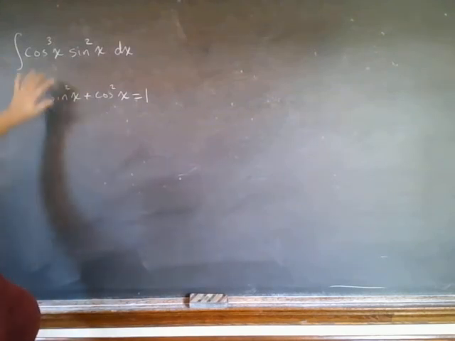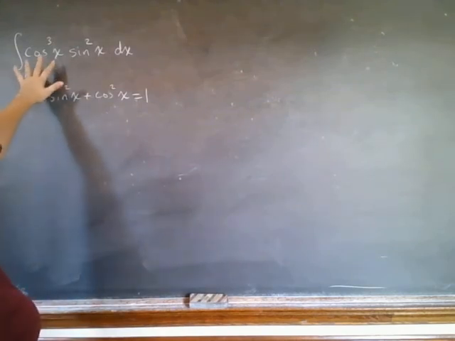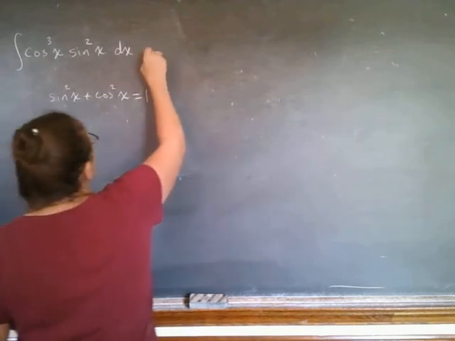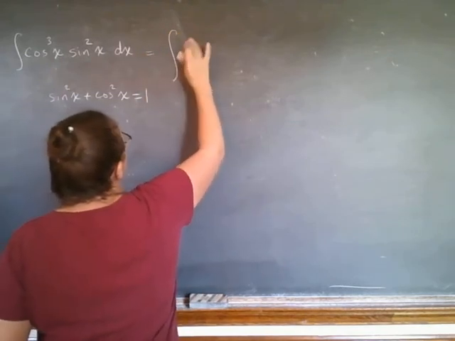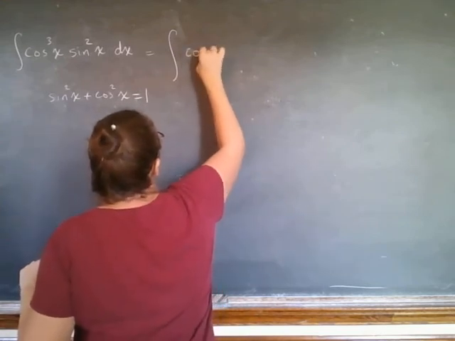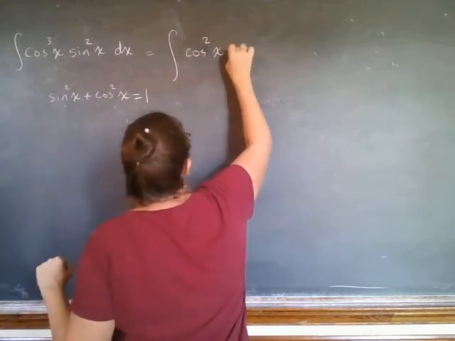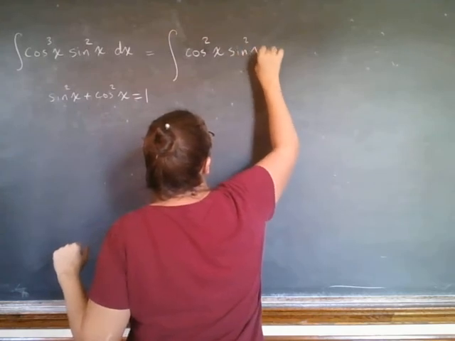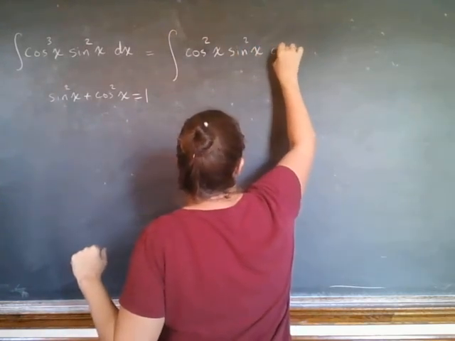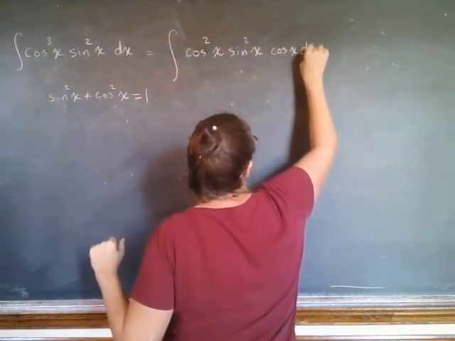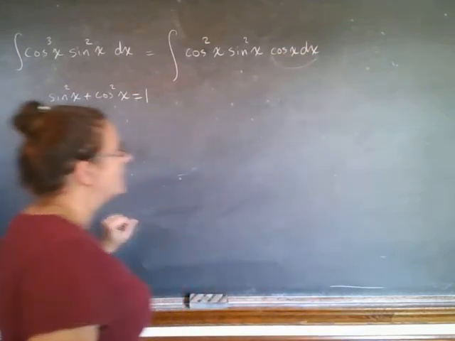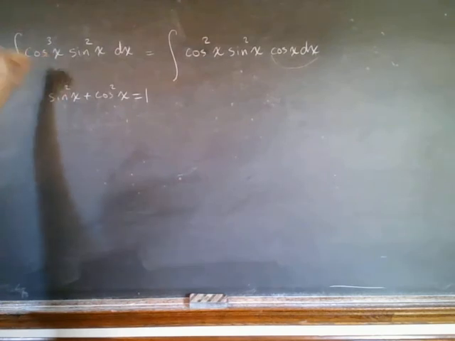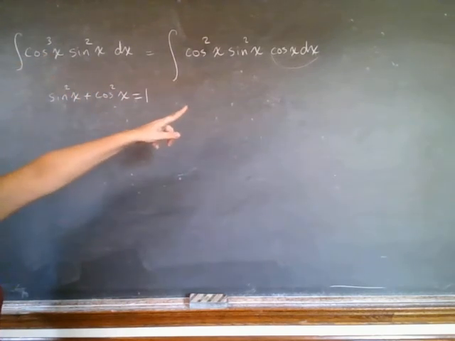But I do have a cosine cubed. So what I can do is pull off one of those. I'm just going to write it again. Cosine squared, sine squared, and then cosine x dx. So my plan is to use the odd power, one extra, put it over there.